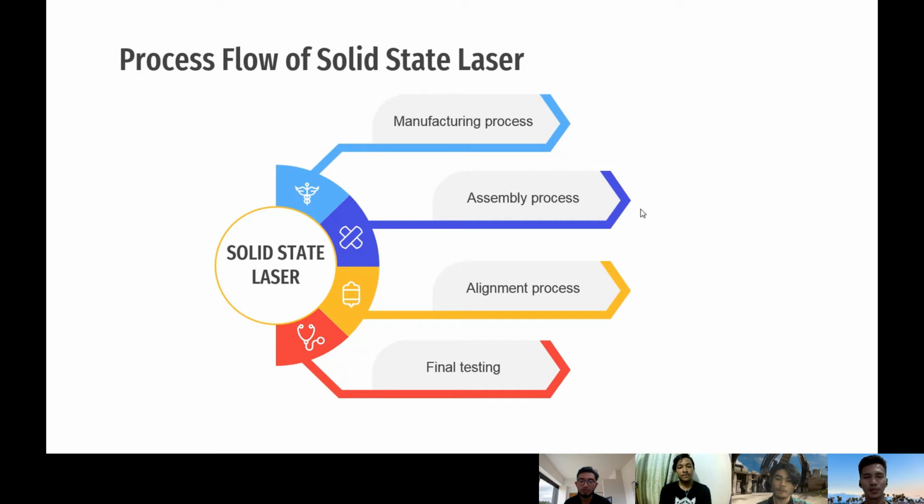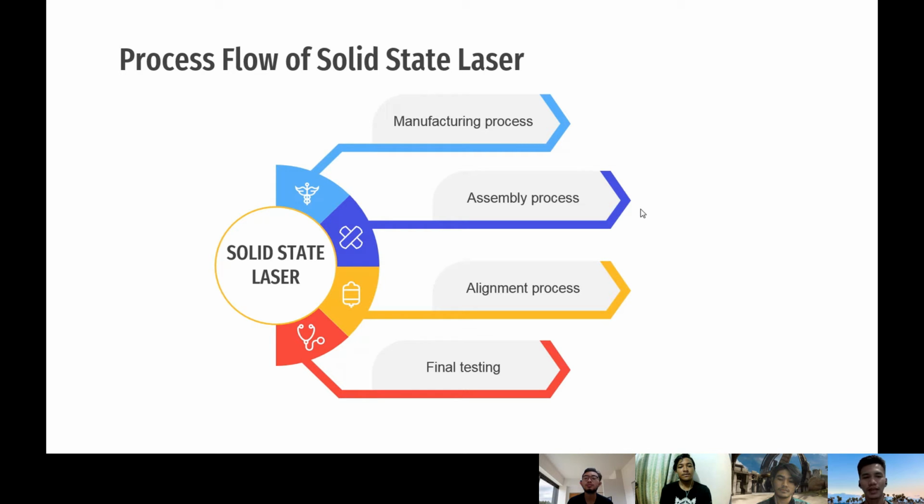And the last process for the manufacturing of the solid state laser is the final testing. In the final testing process, there is a test called the end testing. In this test, they check the laser for proper operation in terms of the output power, beam quality, and also other characteristics.